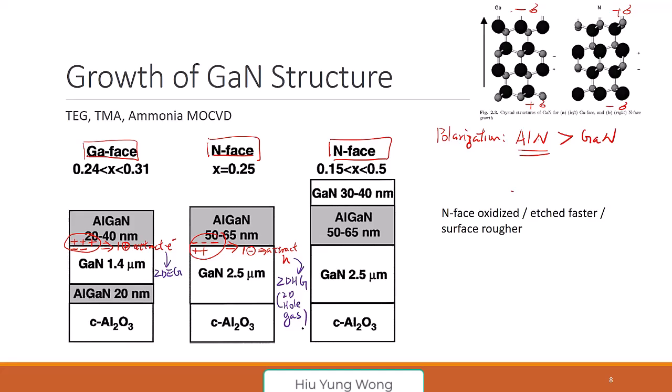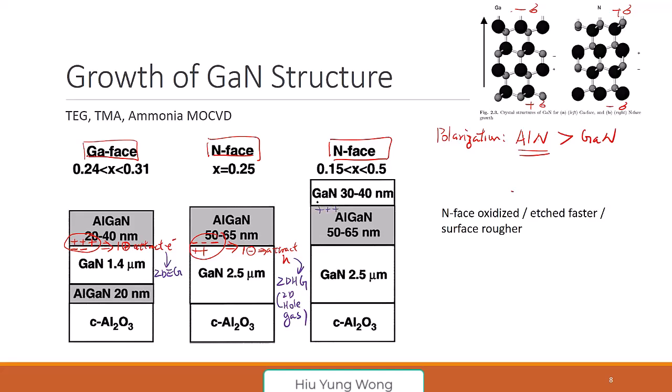Okay. Now let's do one more exercise. How about this one? What is the charge here on top of the aluminum gallium nitride? Positive or negative? Positive.